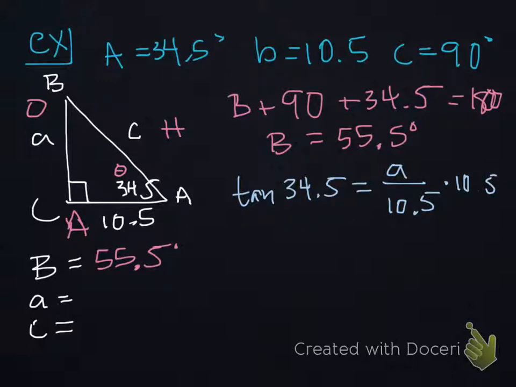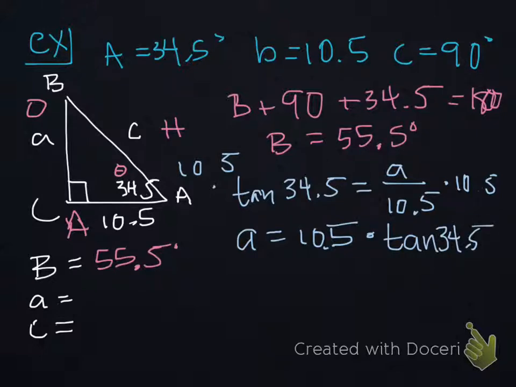So what we would be typing in our calculator is that A is 10.5 times tangent of 34.5. And when I do that calculation in my calculator, we get 7.2.